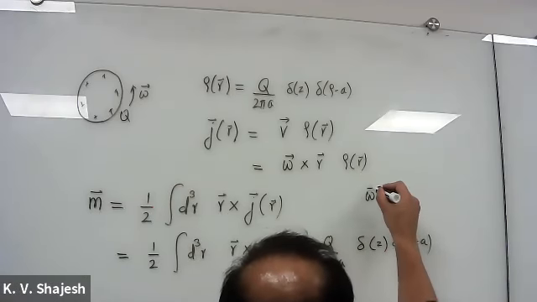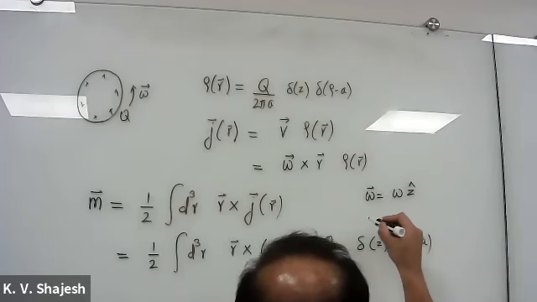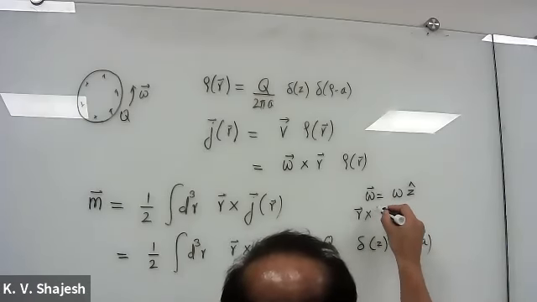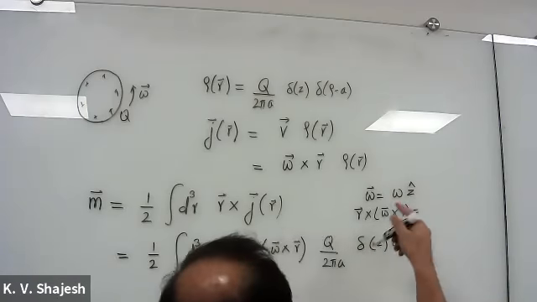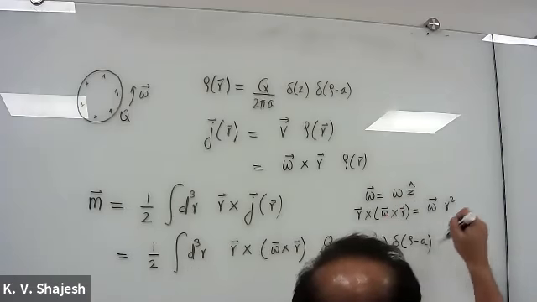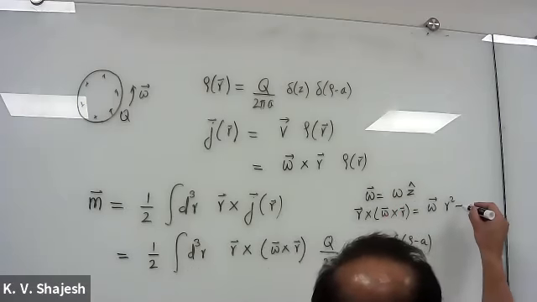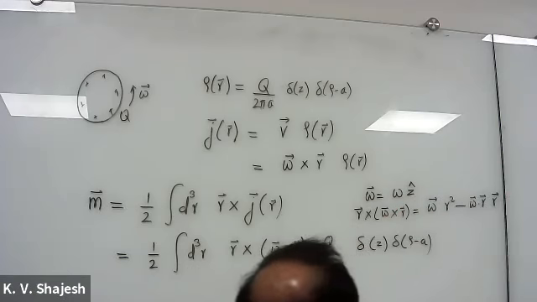Then r crossed with omega crossed with r will be equal to omega times r squared, minus omega dotted with r times vector r.